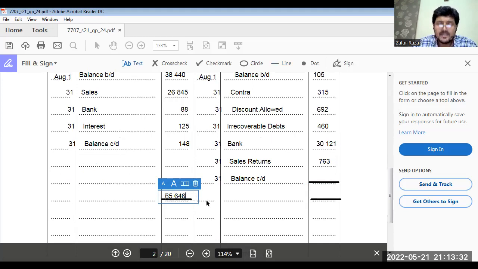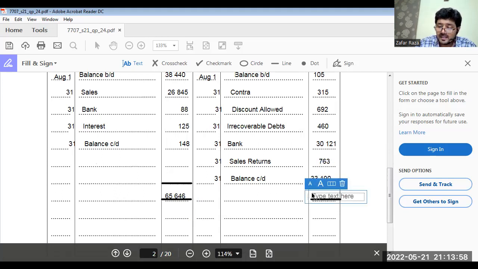Minus 105, minus 315, minus 692, minus 460, minus 30,121, minus 763. The answer is 33,190. So the total must be equal to 65,646. Got it?